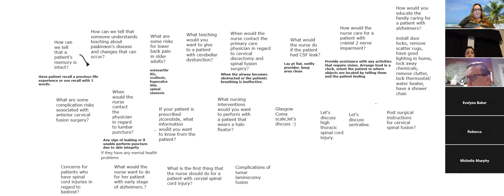So what would you expect to be normal changes to the nervous system related to aging? Decreased reflexes? Mhm. What else?